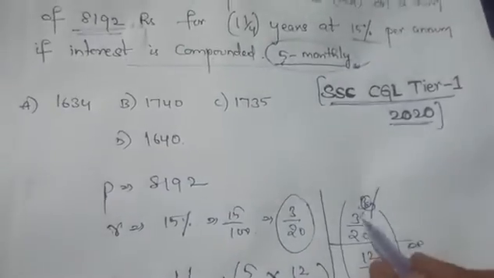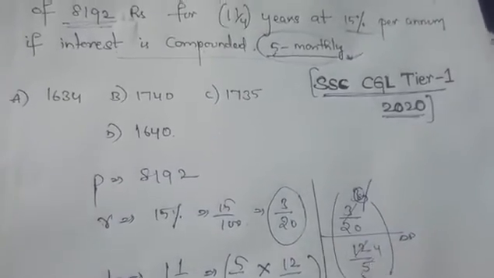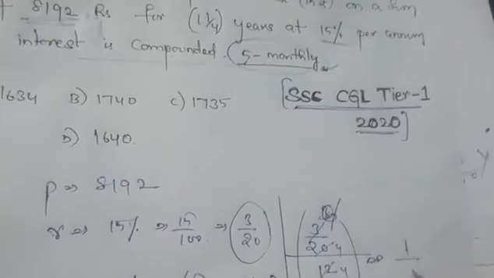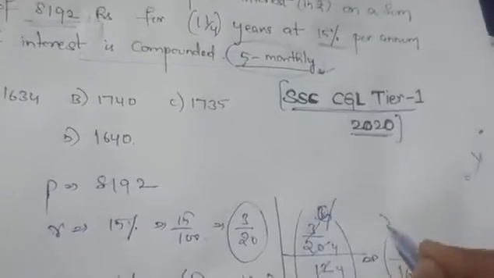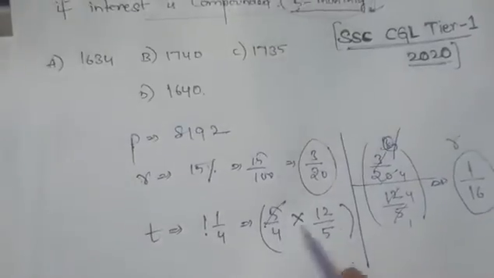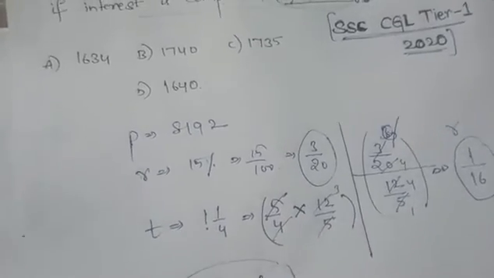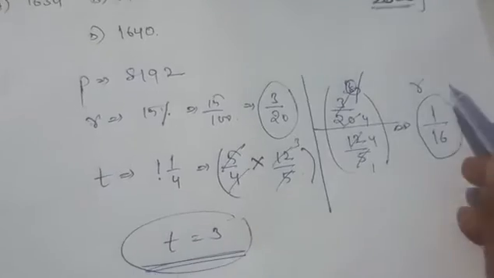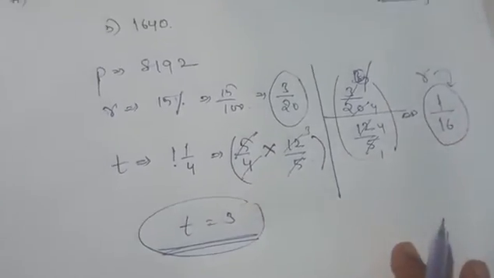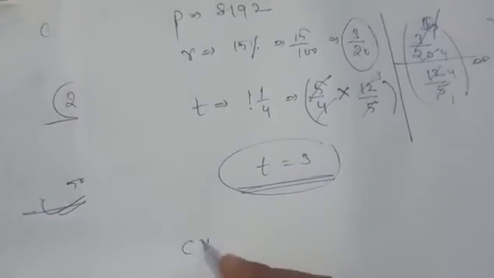This will give you 3 1s are 3, 4 5s are 20, in fraction 1/16. This is R. And this will give the time period: for 3 years you have to calculate, and the rate of interest is 1/16 in fraction. So we need to calculate the compound interest.